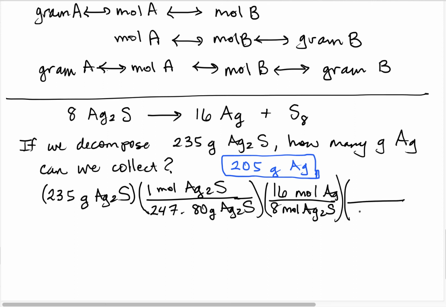And I just looked up the atomic mass of silver, so here it is, 107.87 grams of silver. And when we've done this setup, we can see that the grams of silver sulfide cancel out as units. The moles of silver sulfide cancel out as units. The moles of silver cancel out, and we are left with grams of silver. So we know we've done this setup right, and that this is the answer that we will get.